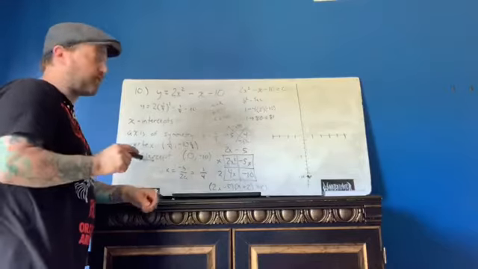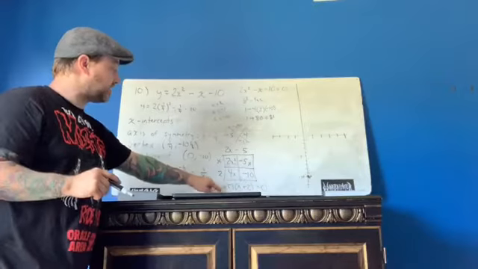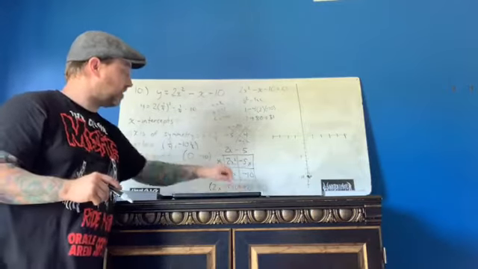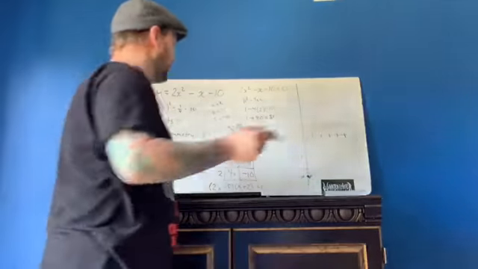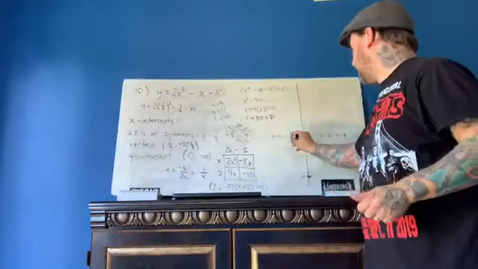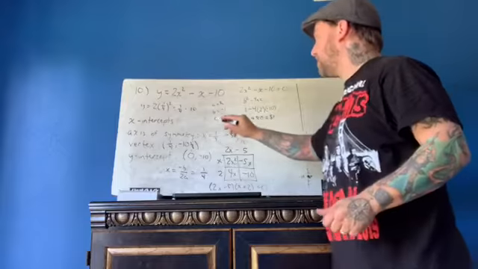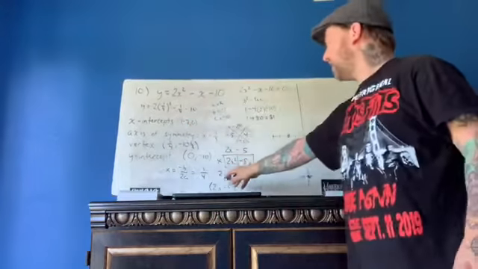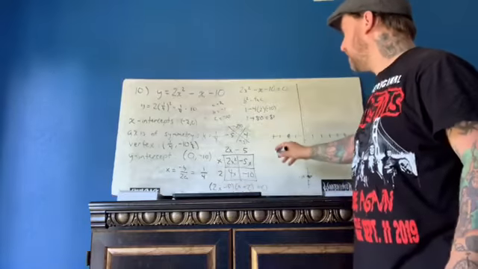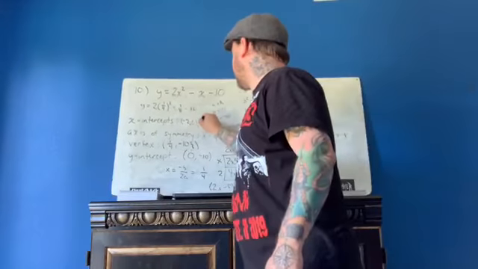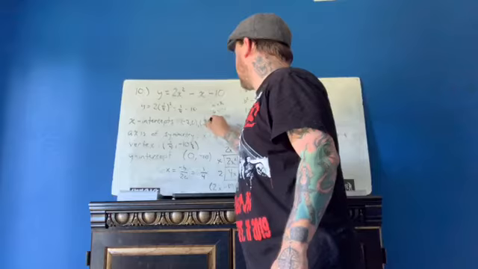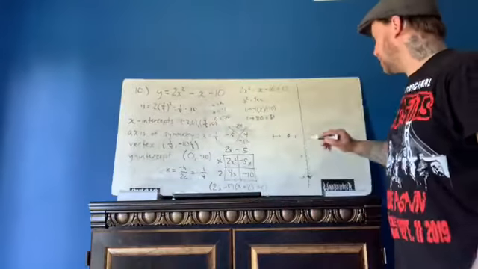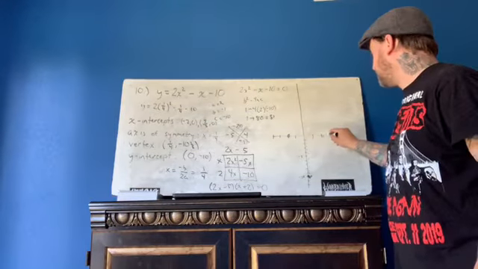So using the zero product property, 2x minus 5 is 0, x plus 2 is 0. If x plus 2 is 0, x would be negative 2. If 2x minus 5 equals 0, x would be 5 over 2, or 2.5.